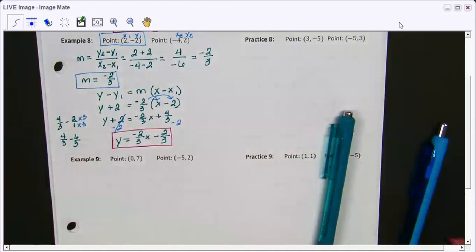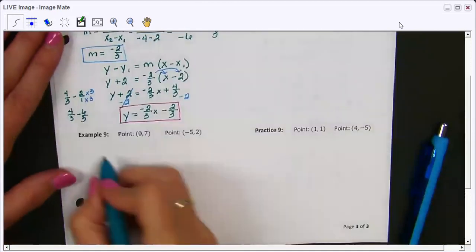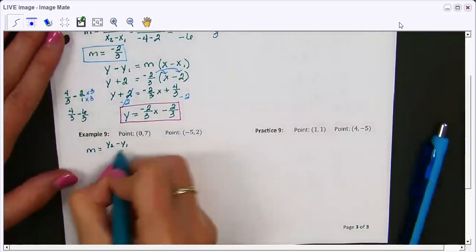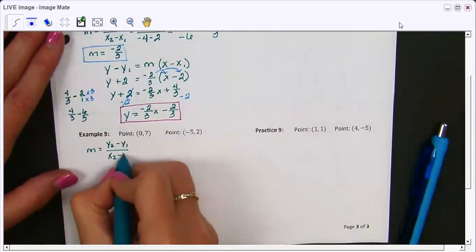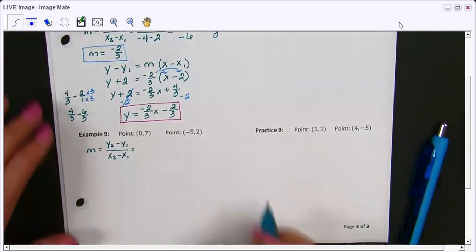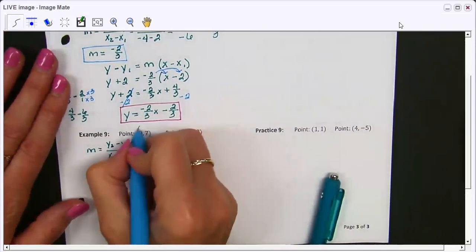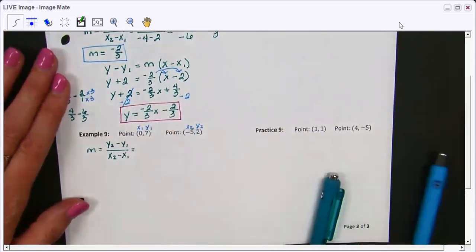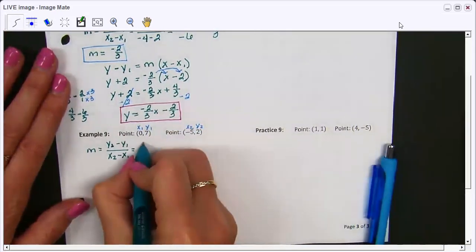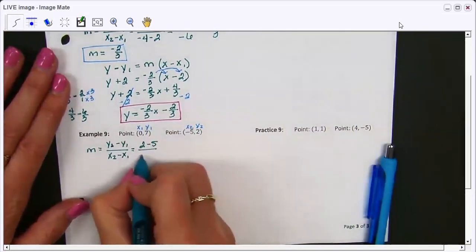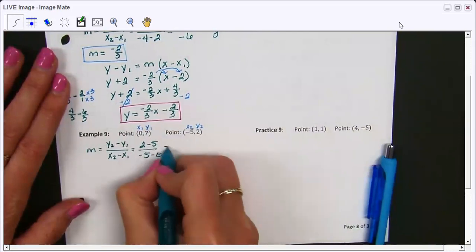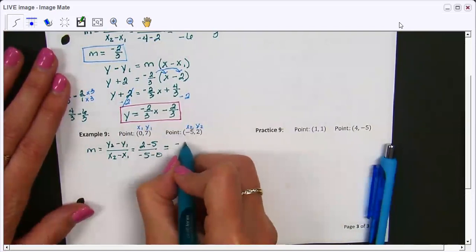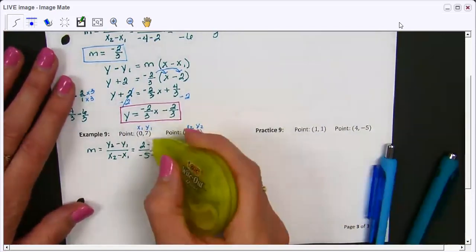All right, let's do example 9. So we have our slope, y2 minus y1 over x2 minus x1. Plug in those numbers. So we have 2 minus 7 over -5 minus 0. 2 minus 7 is -5.